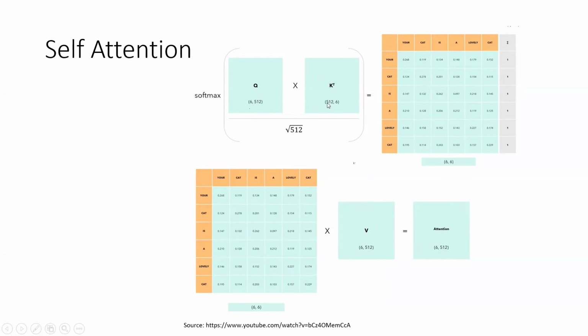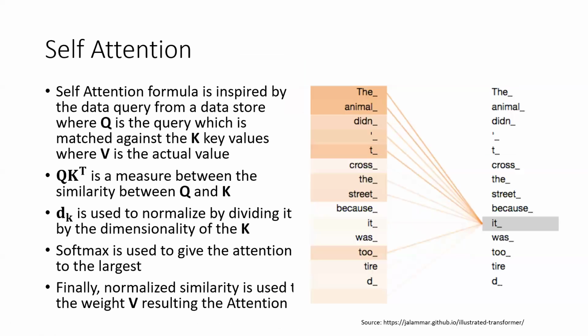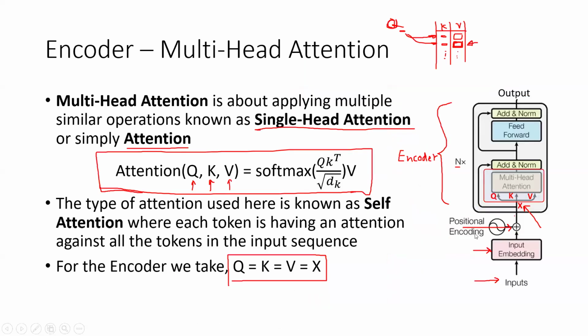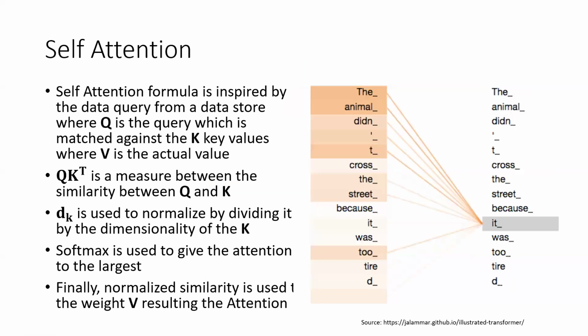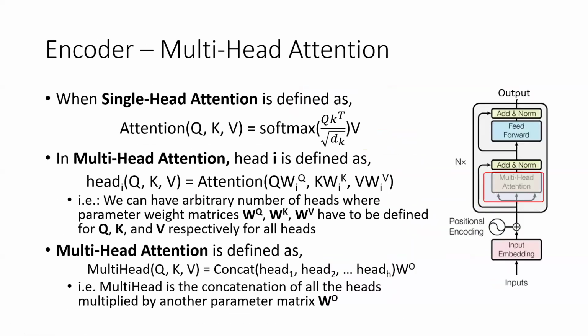K^T is 512 by 6 because it's the transpose of K. By multiplying this matrix with V, you get a 6 by 512 matrix, which is the attention matrix, which can then be used for the add and normalization step. We will see what is there in this add and normalization later.